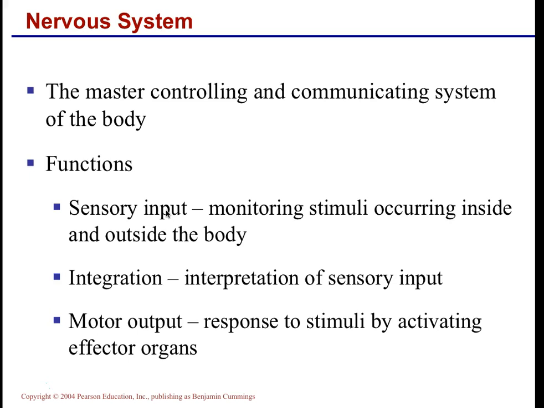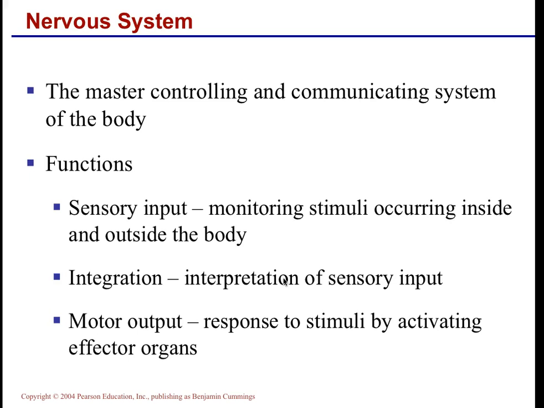But if things change within and without, then you've got to do something. And so the sensory neurons are there to alert the central nervous system, the brain and spinal cord, which is integration, that something has caused a change in homeostasis. And of course, we want to get back to homeostasis.